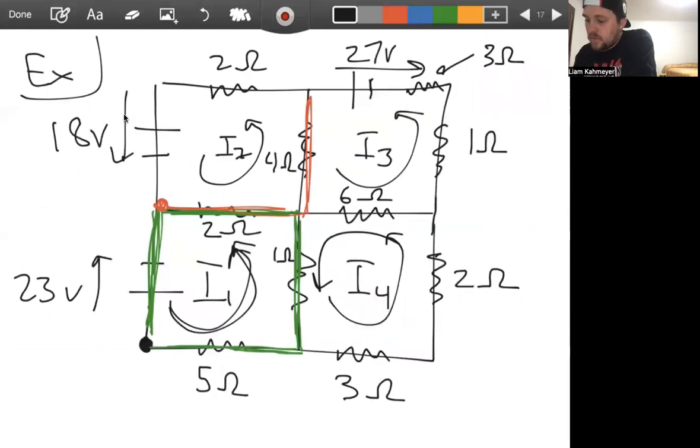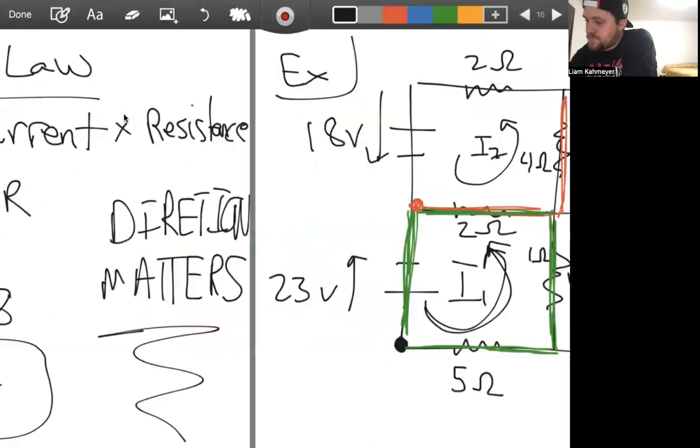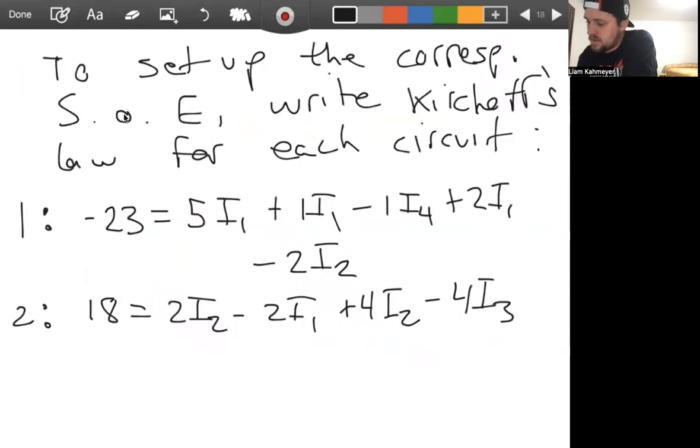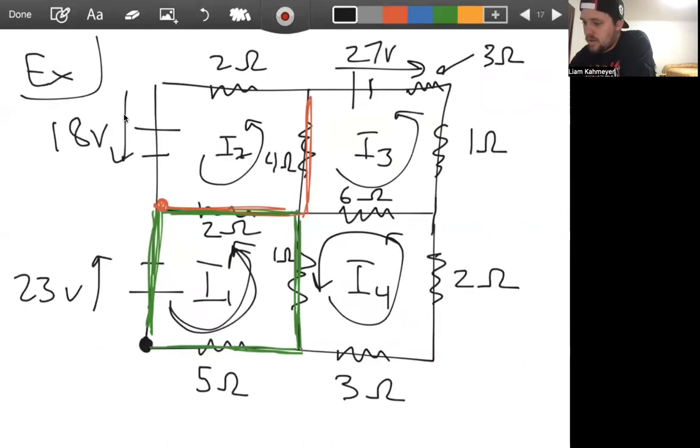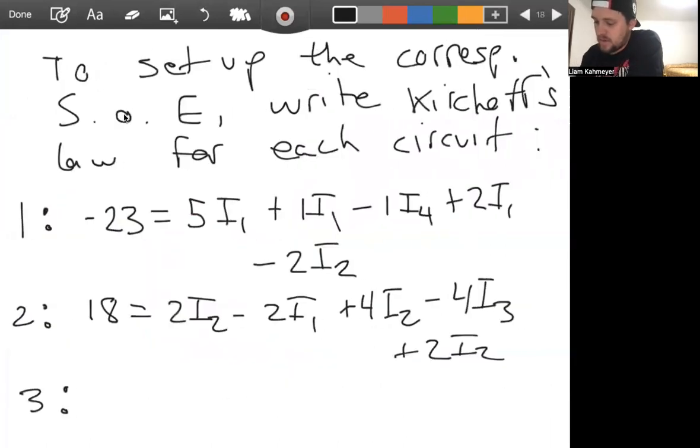And then I think the rest of it will have plus 2I2. For the third circuit, we have a voltage of 27 in the opposite direction of the current. So that's going to be negative 27, and then equals.